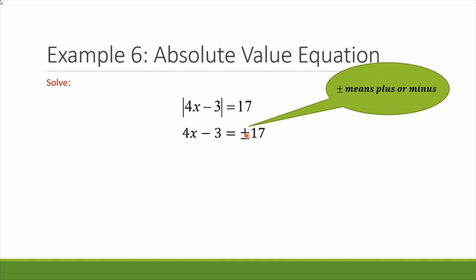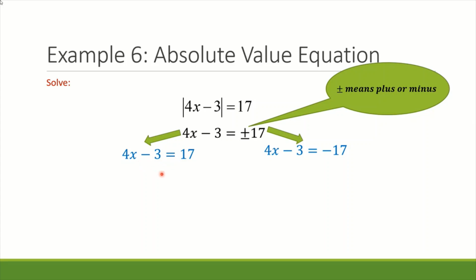So what you want to do is split it up. So we'll make one side positive 17, write one equation, and then write a second equation with a negative 17. And what we're going to do is just solve for each of these. So I'm going to add 3 to both sides.